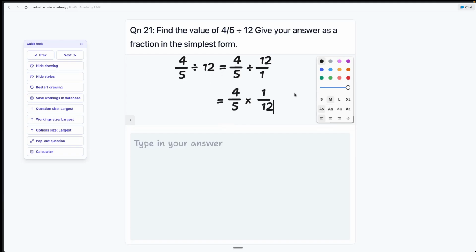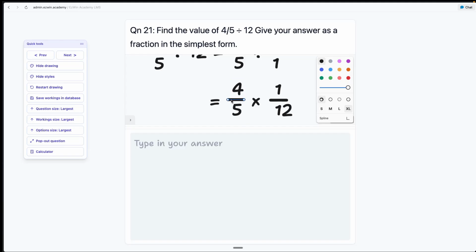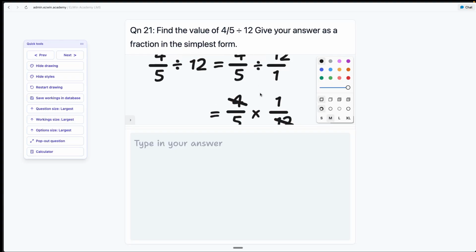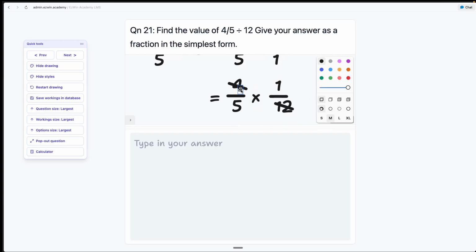Okay. So from here we can cross multiply. So 4 over here, let me just copy and paste this. Right, 4 over here, we can cancel this and cancel 12. 12 will then become 3.